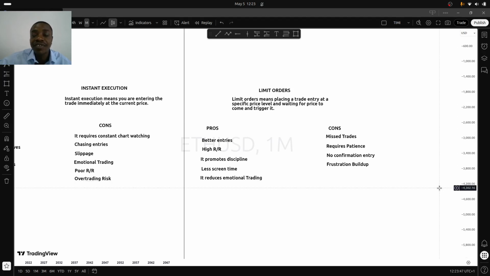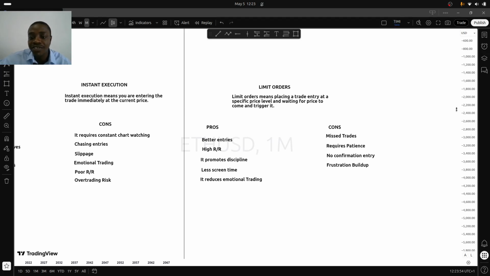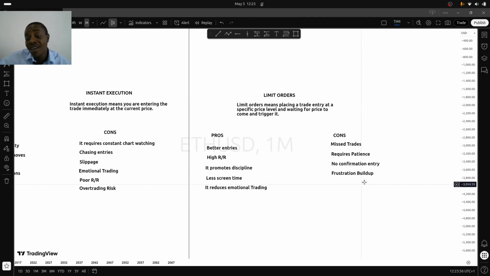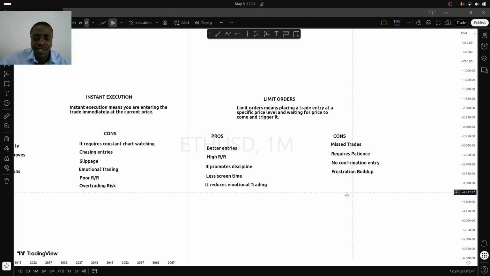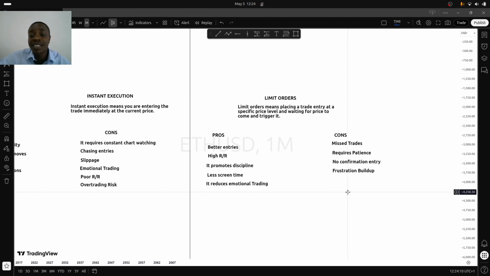You go on X, see other traders making money, and think, I'm literally not making any money here. That's just frustration build up, and it's also in your mind, because if you truly understand that, okay, I'm using limit orders so I have to be patient, right? You will understand that these are some of the things that could happen when using limit orders, so you won't try to overthink the whole situation.